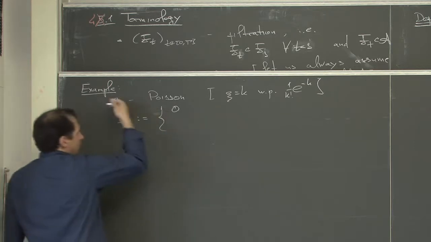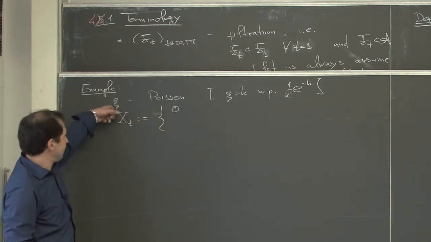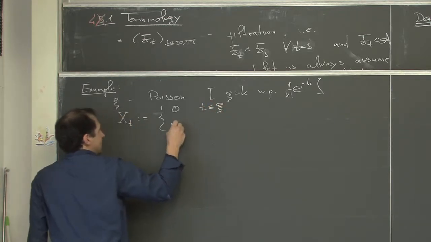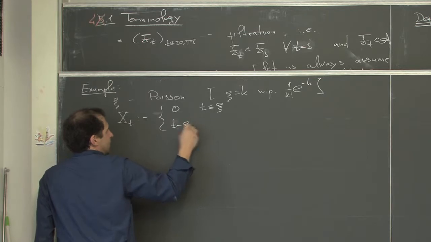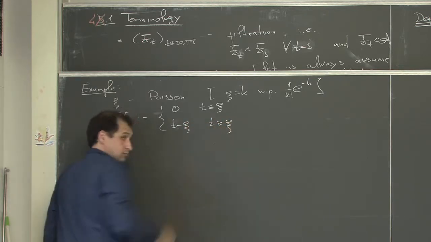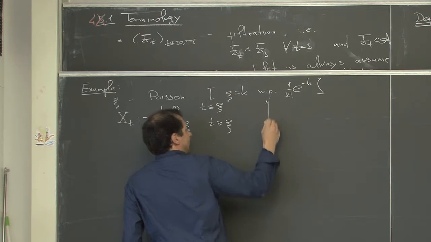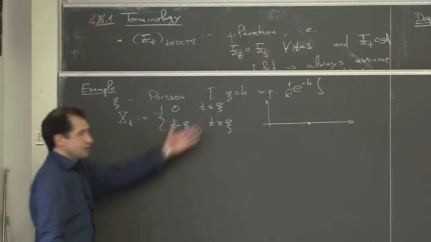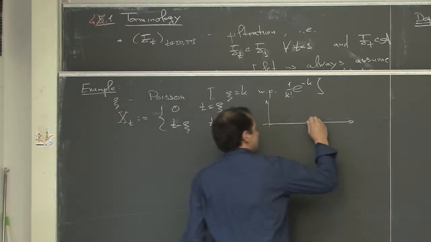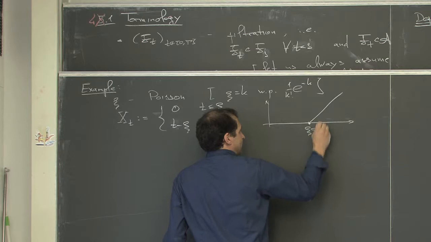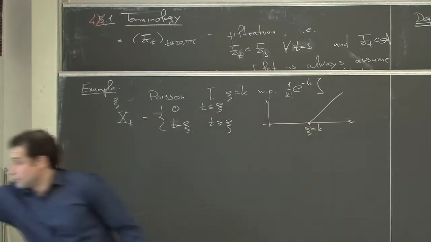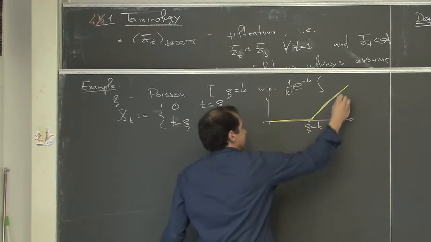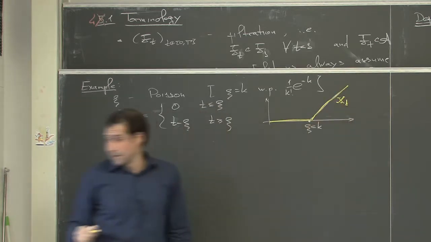It is 0 until the value of this xi, and it is t minus xi after that. So what is the trajectory? It just waits until the output of this variable and then starts growing. So here is the trajectory of the process.